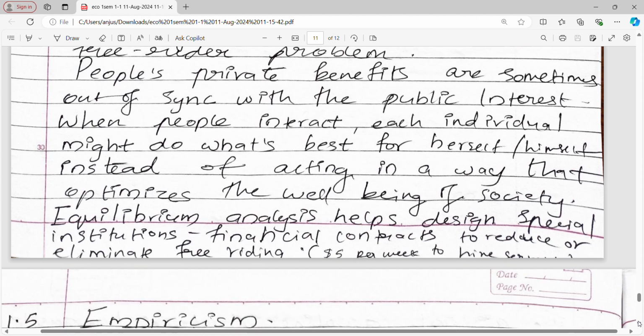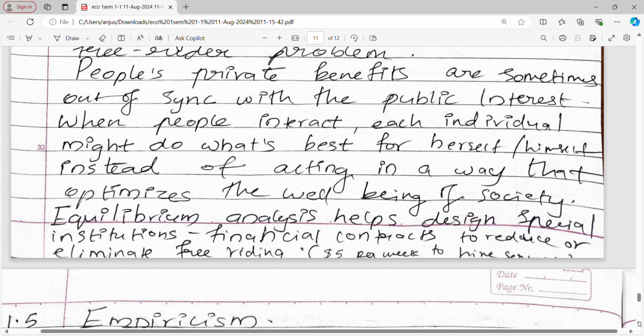People's private benefits are sometimes out of sync with the public interest. The same applies to the public. Some people will not pay taxes but will also enjoy the highways, roads, hospital facilities, everything that is done by government in return for the tax collected from the public.